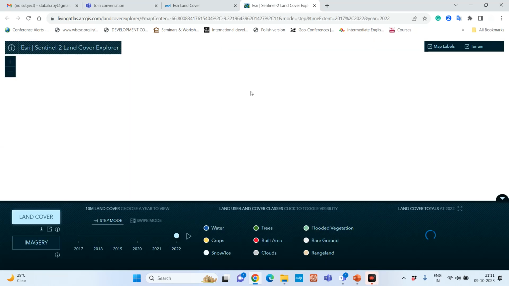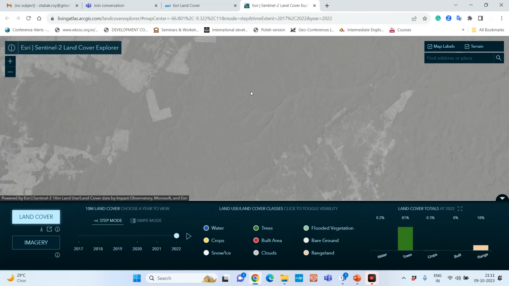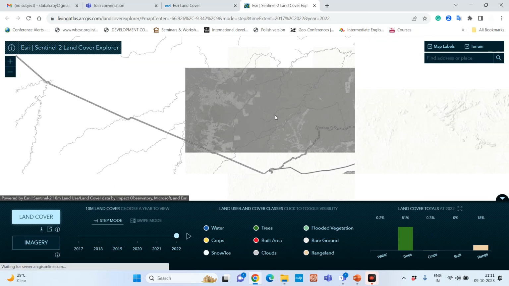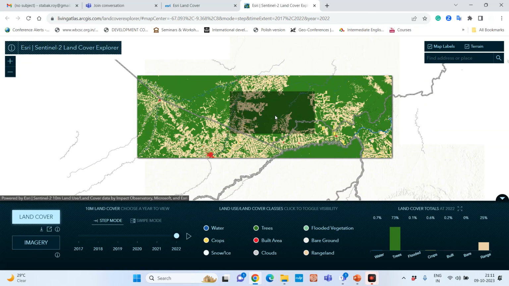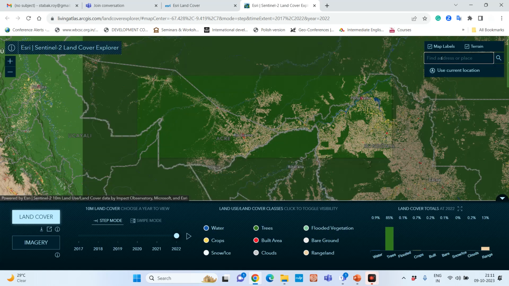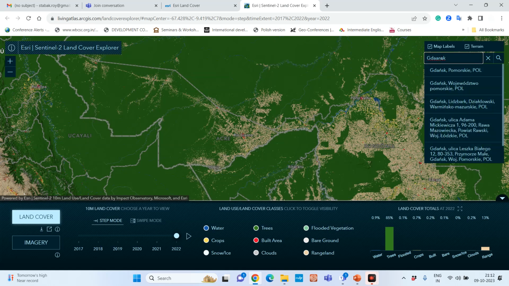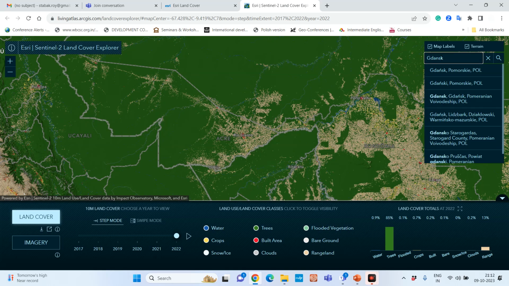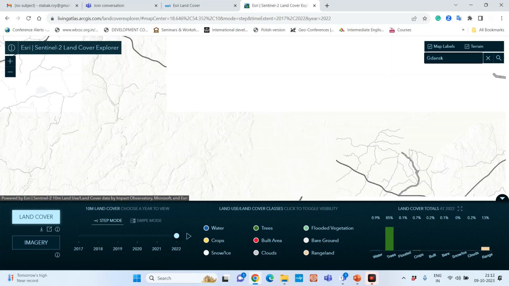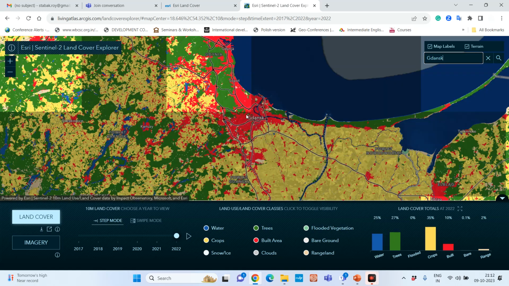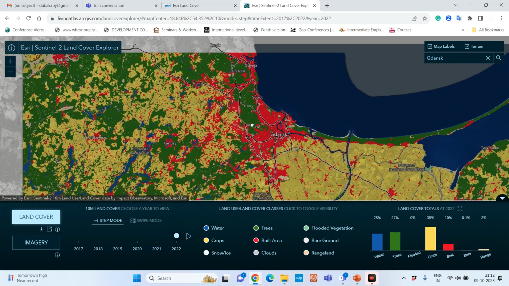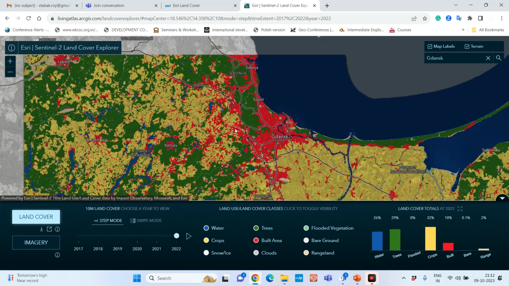Suppose we would like to go to our university area. If we write the address over there, suppose Gidans, NSK Gidans, it will show you the area. Then you can see the particular land use.